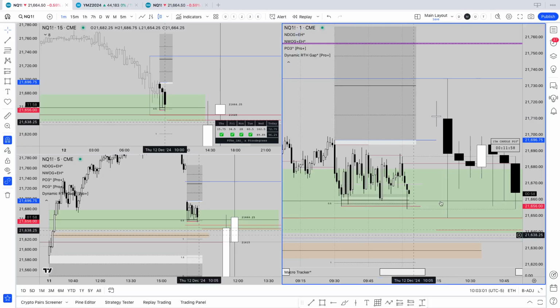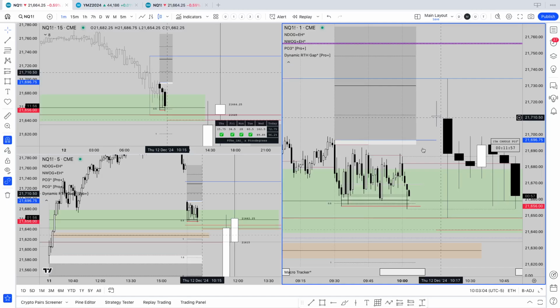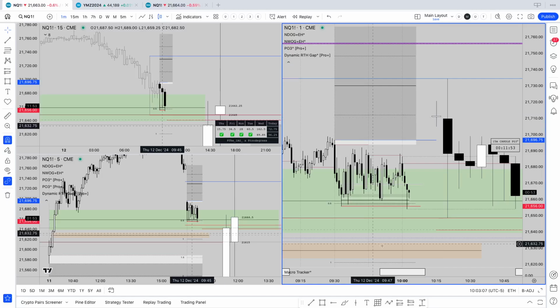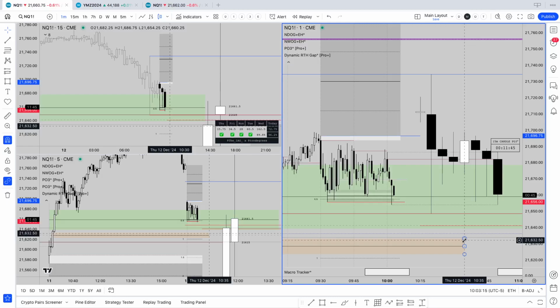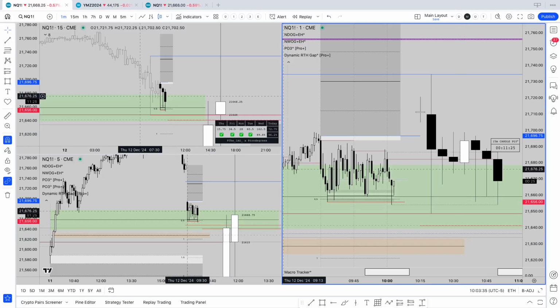Sometimes what I do is when I see that one macro, for example in this case the 950 macro, is consolidating, the next macro should deliver something at least. But yeah, basically time distortion is something like this.